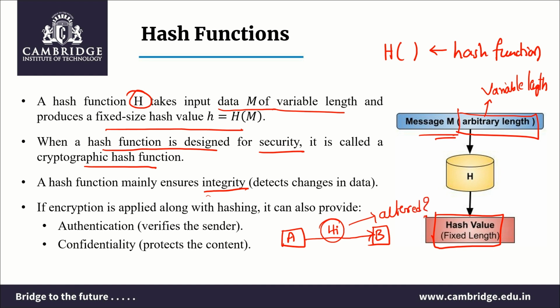Whether it is altered or not, that is integrity. Suppose along with hashing I also apply encryption. In such cases, we can provide authentication as well as confidentiality. Authentication is verifying the sender, whereas confidentiality is protecting the content.